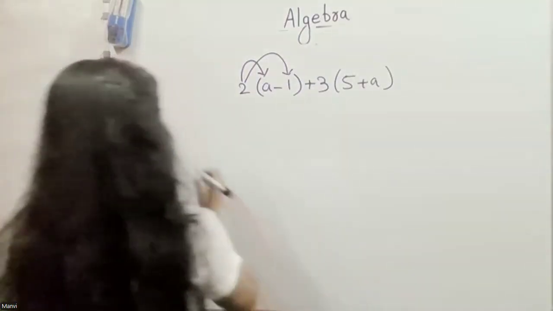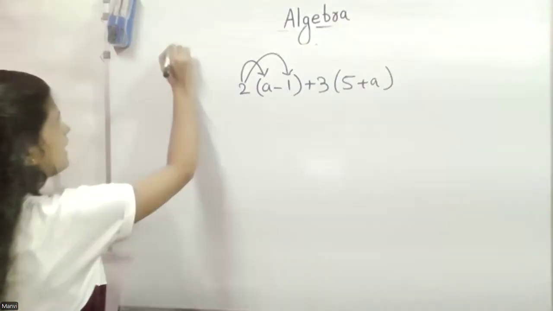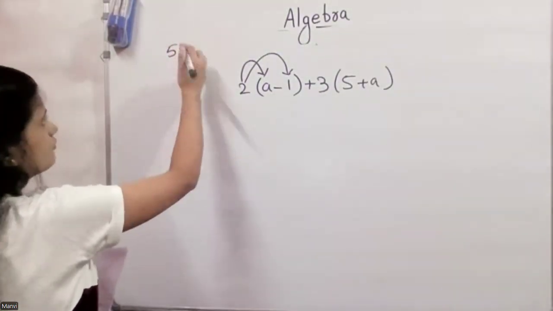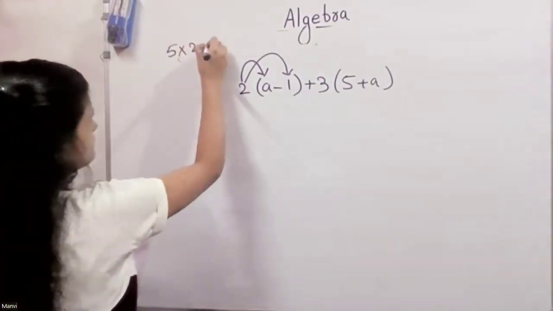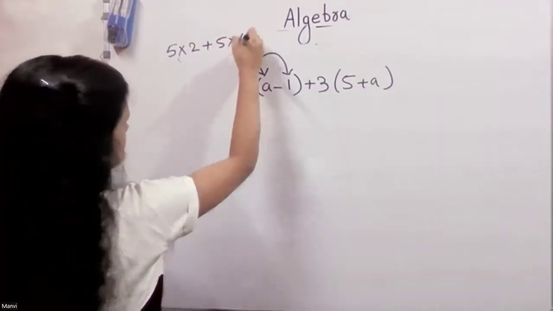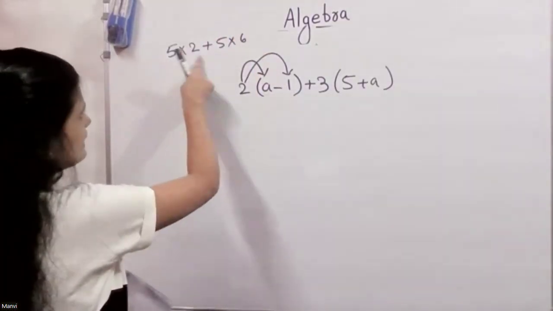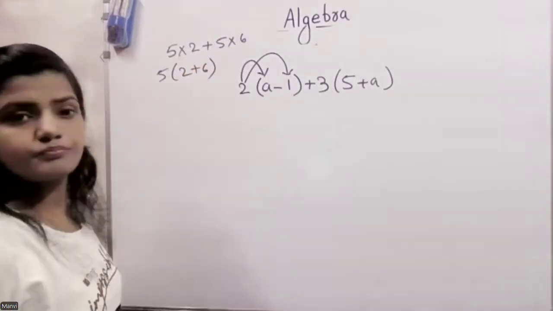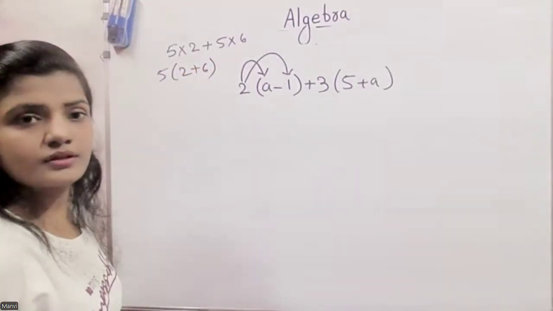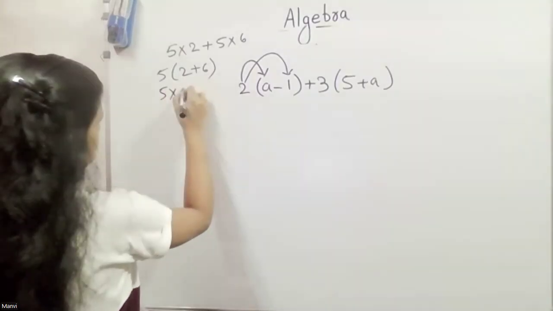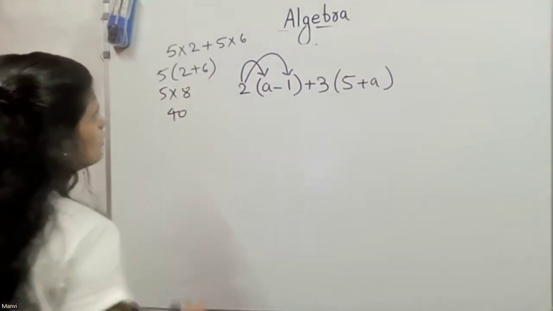Okay. For example, if we have 5 times 2 plus 5 times 6, we can simply write it like 5 times (2 plus 6). Okay? Which is 5 times 8, which is 40.